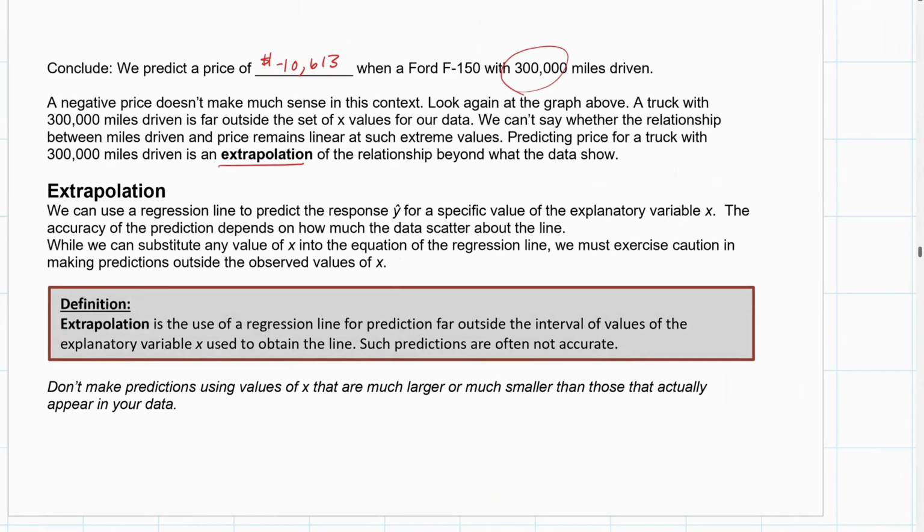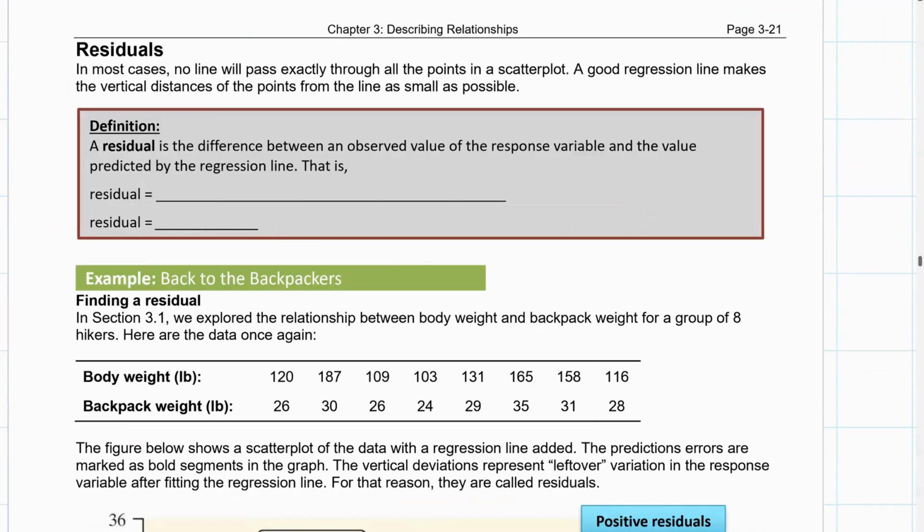So when you use a regression line for prediction far outside the values of the explanatory variable, you're doing extrapolation, and it says right here, such predictions are often not accurate, just like we saw in this previous example. The takeaway here: don't make predictions of y for values of x that are much smaller or much larger than the actual data on which the model was created. On to the next page.